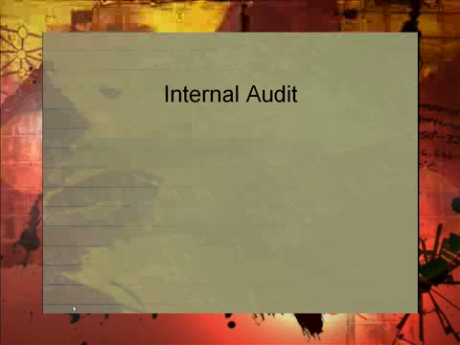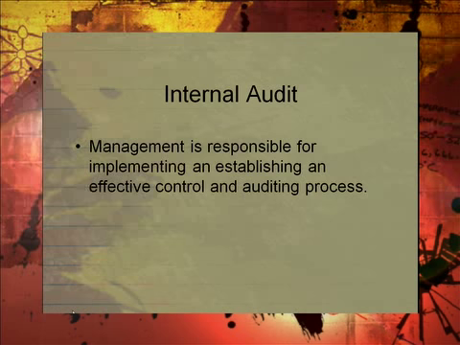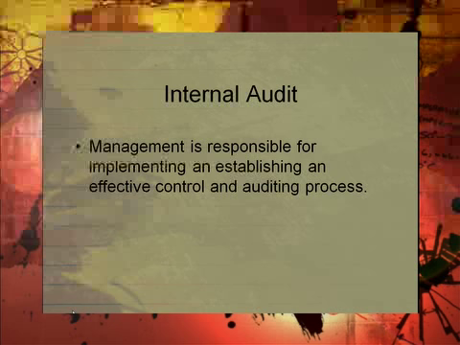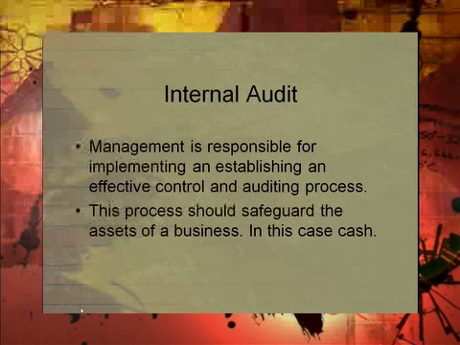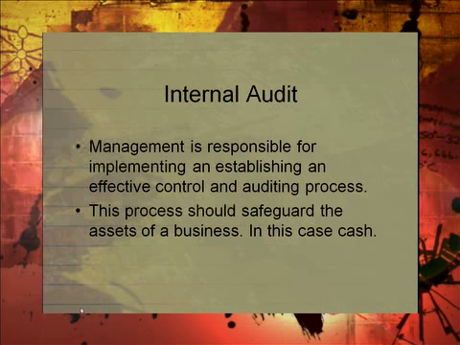Now, what has internal auditing to do with bank recons? Watch the space. Management is responsible for implementing an effective control process. What are we controlling here? We are safeguarding our cash. So it's an important process. We need to take cognizance of that. And in this case, like I said, we are controlling our cash.